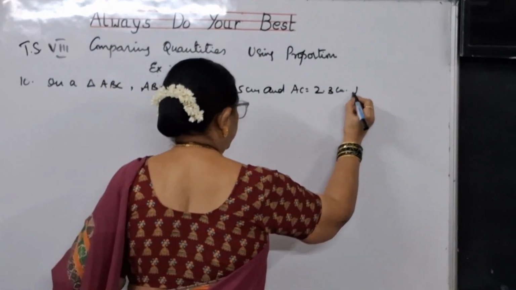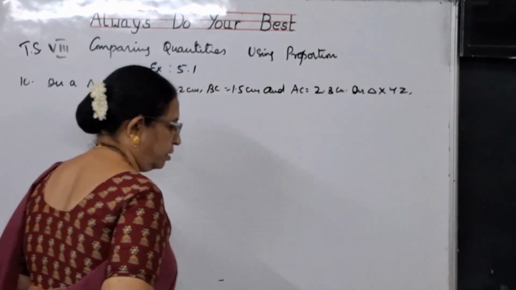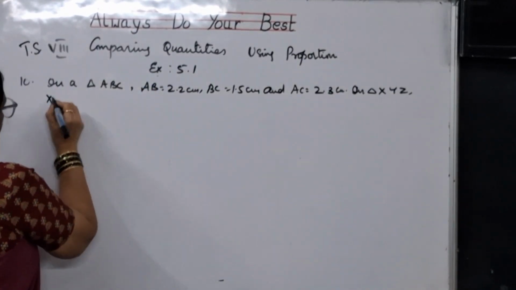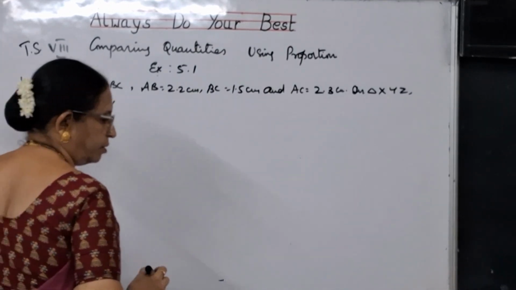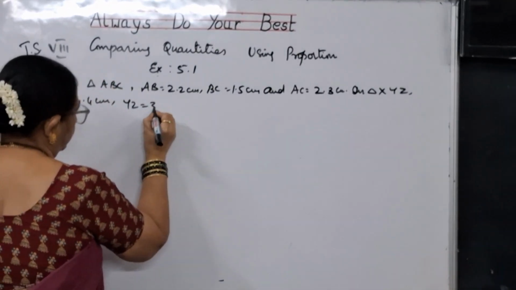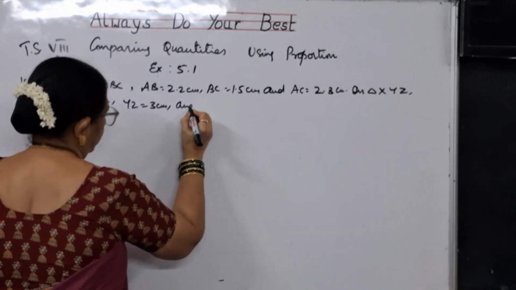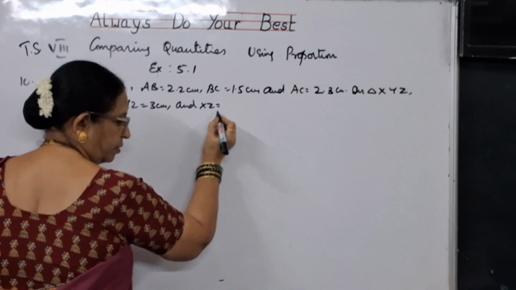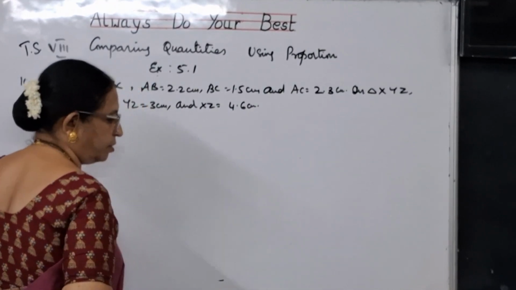In triangle XYZ, XY is equal to 4.4 centimeters, YZ is equal to 3 centimeters, and XZ is equal to 4.6 centimeters.